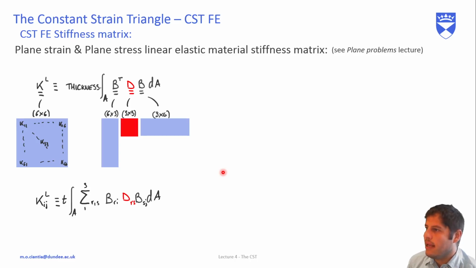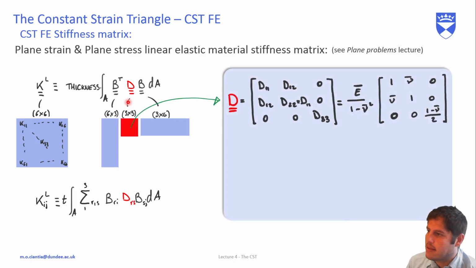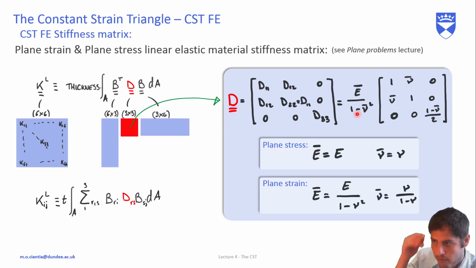So the stiffness matrix then in plane strain and plane stress, we remember that the D matrix could be expressed, and look at the plane lecture problem, as a unique form, where D11, D12, D12 because it's symmetric, and D22 is equal to D11, and D33 here, where we have E bar and nu bar, depending on whether we have a plane stress or plane strain problem, okay?